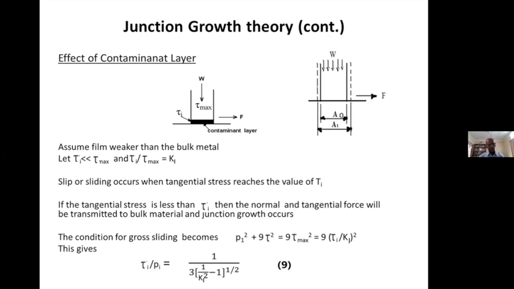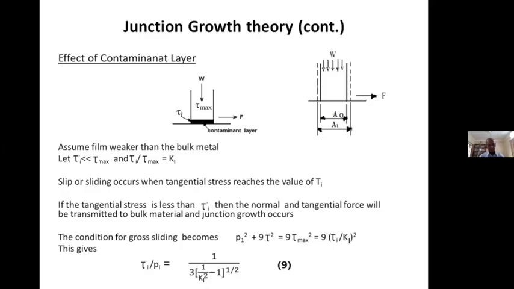Now, tau max is the yield stress of the main body, or the flattened asperity. The yield stress of the contaminant layer is considered to be much lower than the yield stress of the main material.